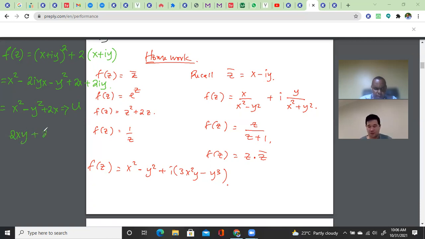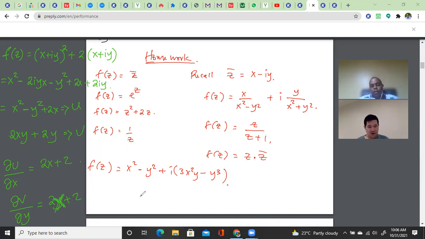And when we're taking du over dx it is 2x plus 2, which is equal to dv over dy, which is 2x plus 2 as well.